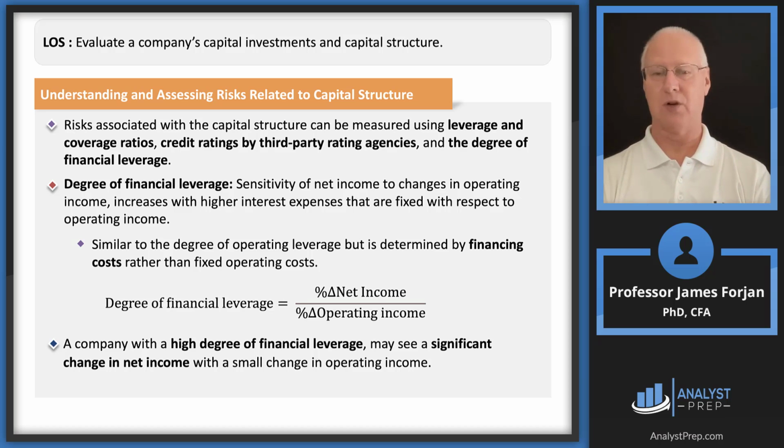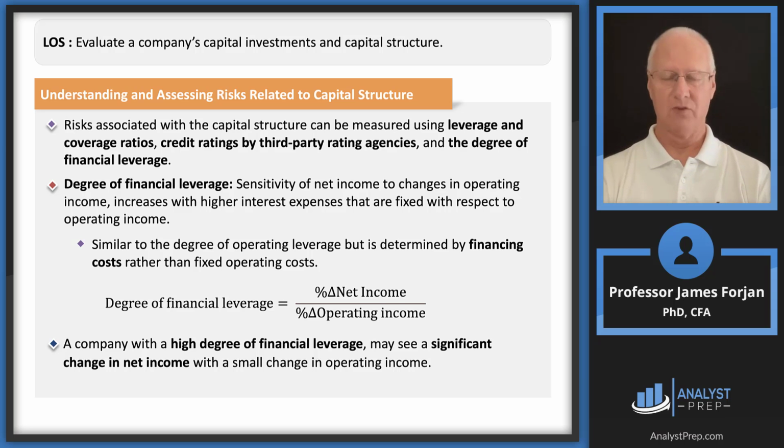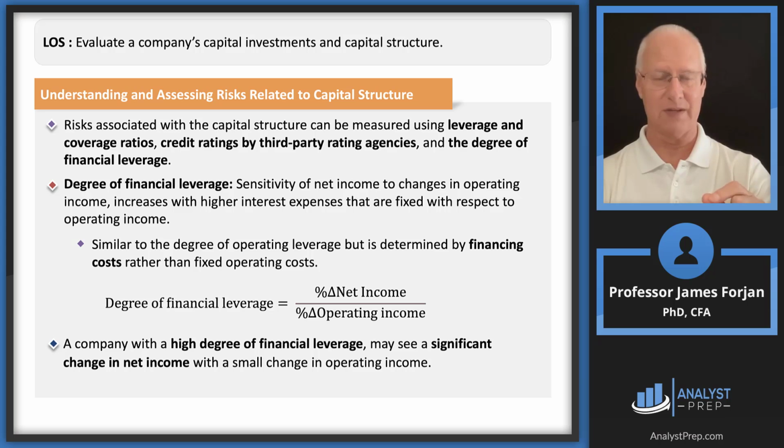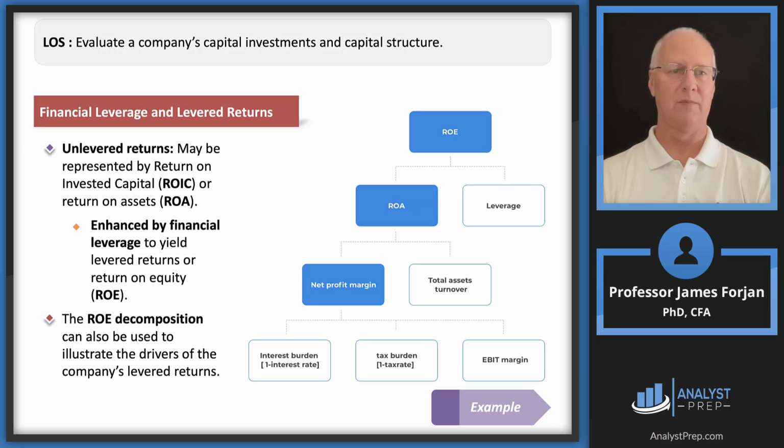We want to ask the question, what happens when that degree of operating income changes? How does that impact the very bottom of the income statement? So if we have a high degree of financial leverage, what that means is that we have lots of debt in our capital structure, which means that if we have small changes in the middle of the income statement, we're going to have large changes at the bottom of the income statement.